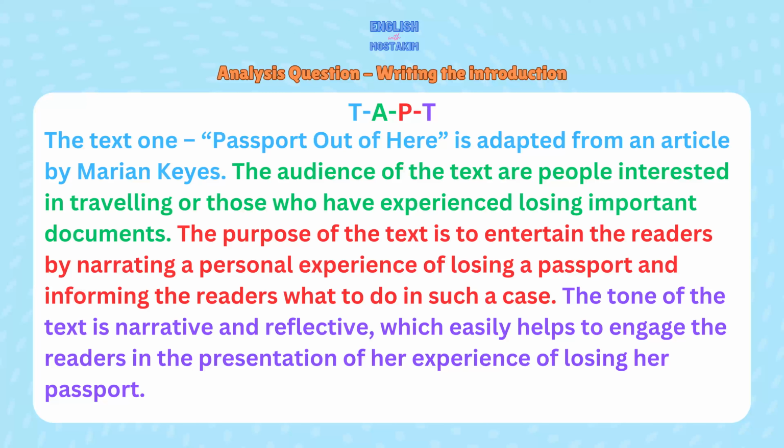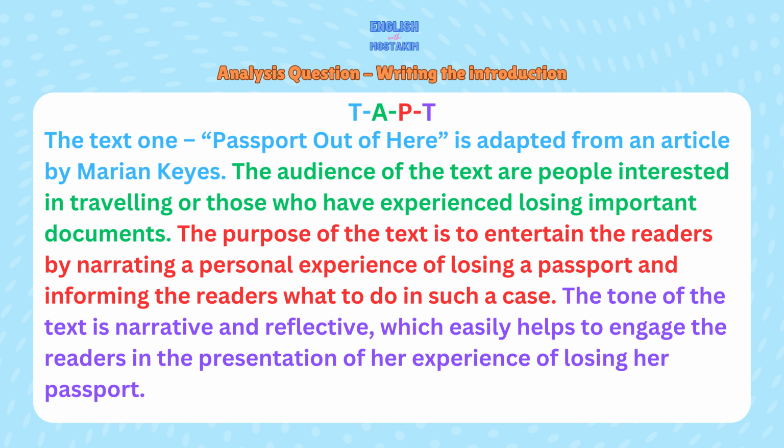The audience of the text are people interested in traveling or those who have experienced losing important documents. Of course, this text was written by Marian Keyes to mention what she had gone through while she was visiting her sister, I guess, in New York, and lost her passport.